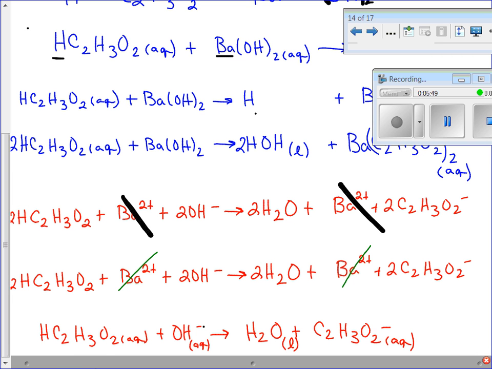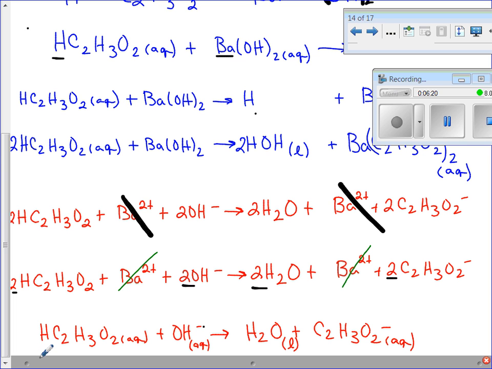So you have acetic acid plus the hydroxide ion yields water plus the acetate ion. Notice that I don't have these 2's anymore because an equation should be the lowest whole number coefficients for each reaction species.